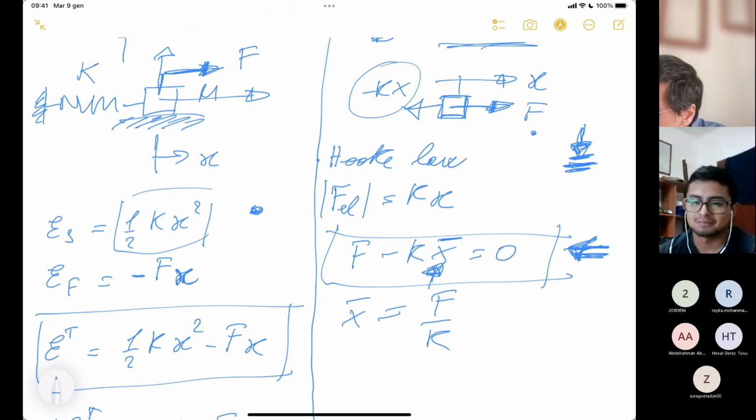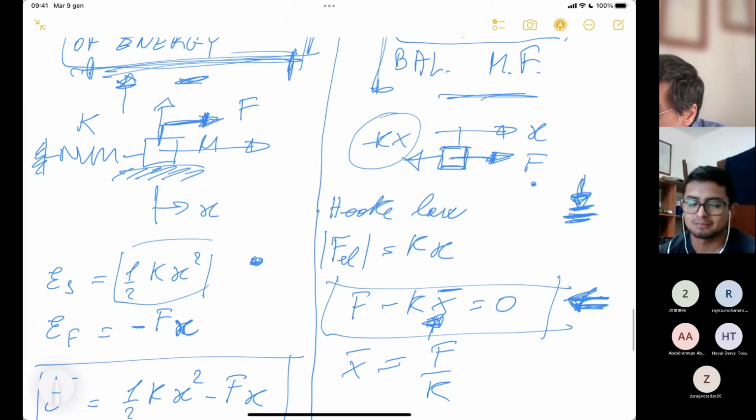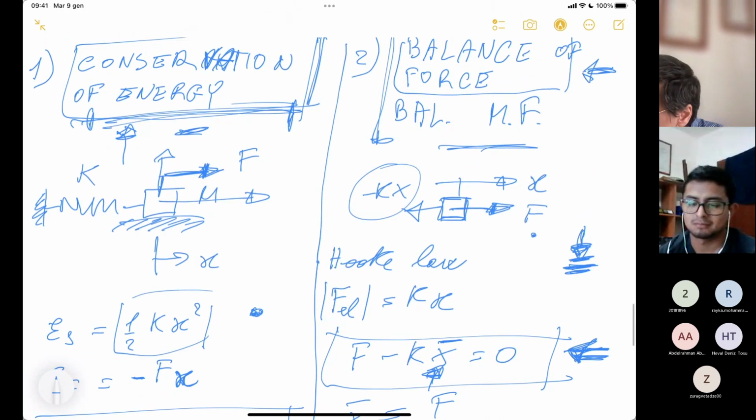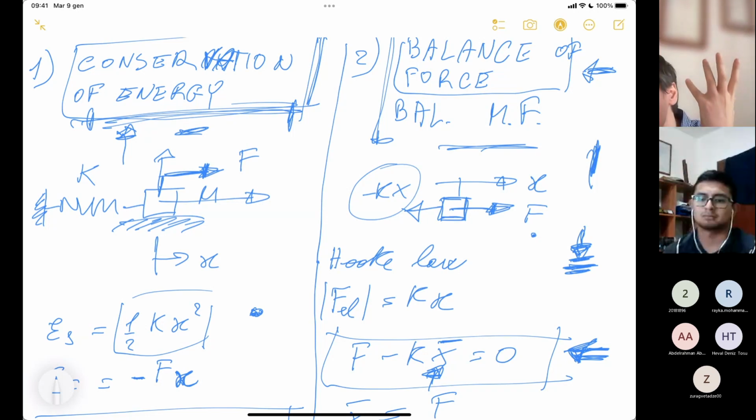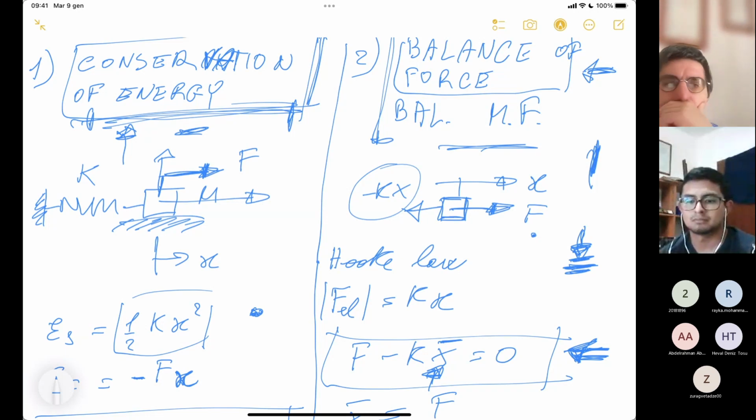But the problem is that using this way of thinking, sometimes you can obtain wrong results if you are not careful. I will try to explain this because this point is very delicate.